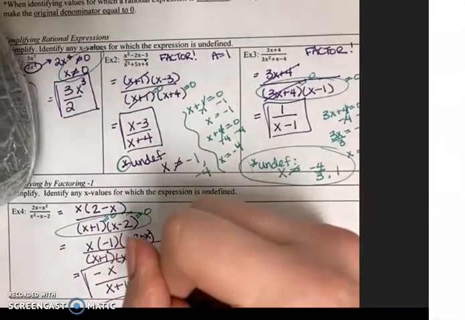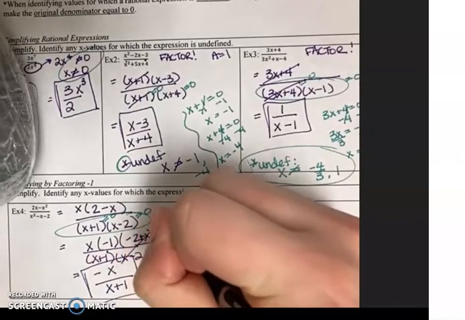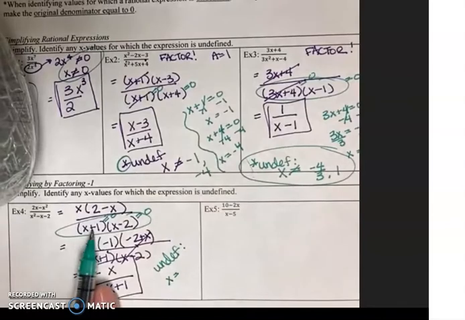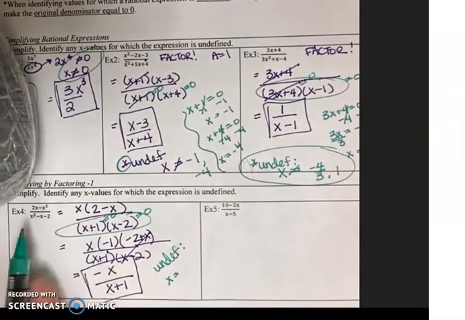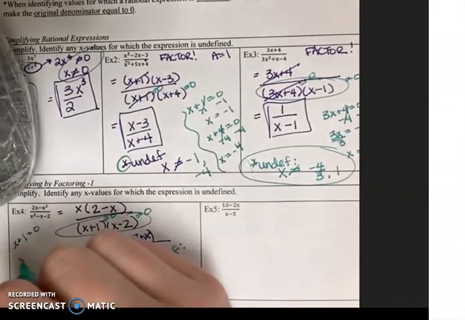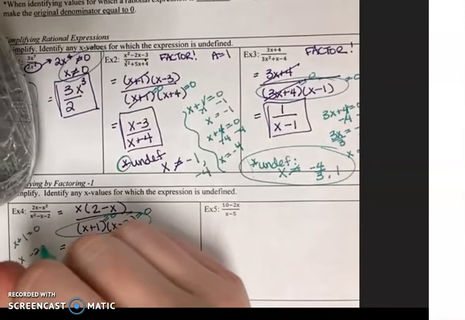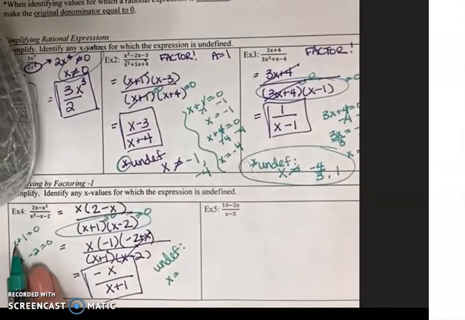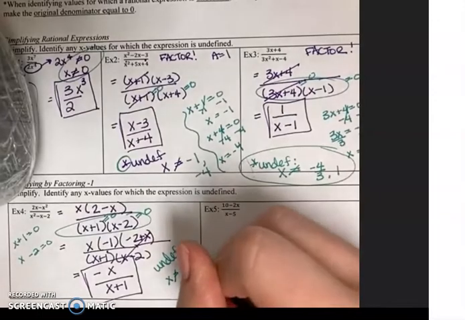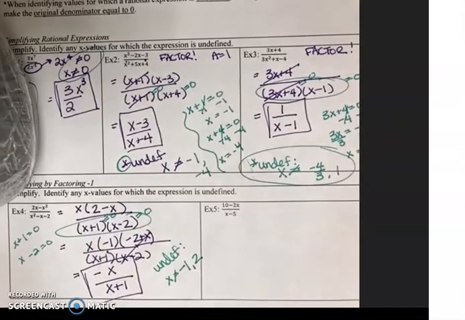It will be undefined when x, hopefully you noticed by now, if it's just x plus or minus something, you just change the sign. If you want, just go ahead and solve them off to the side, x plus 1, x minus 2, but you will see that x cannot equal -1 or +2.